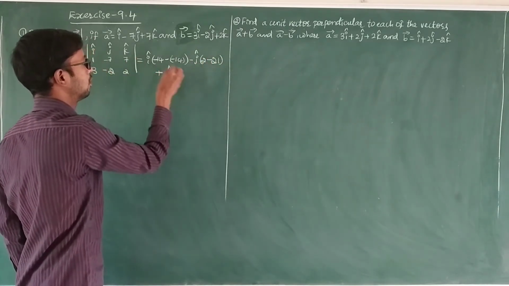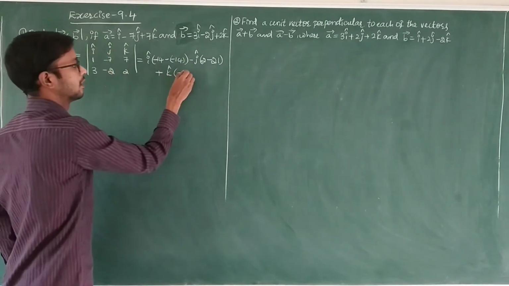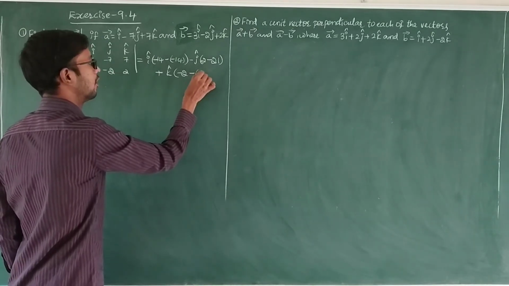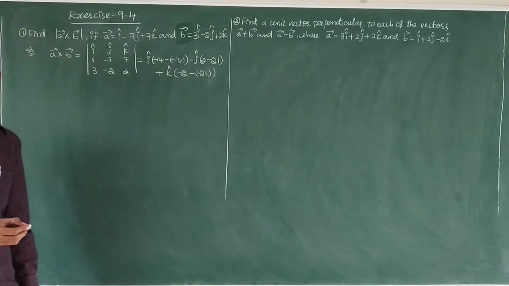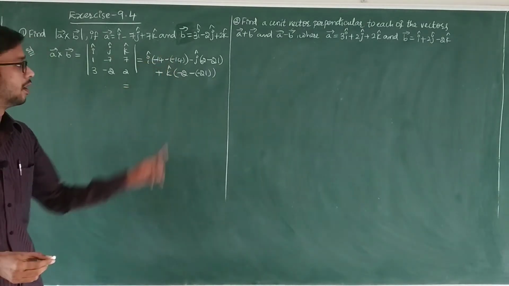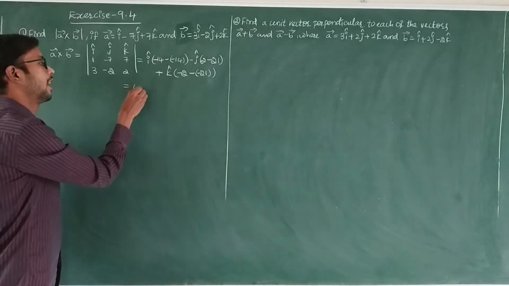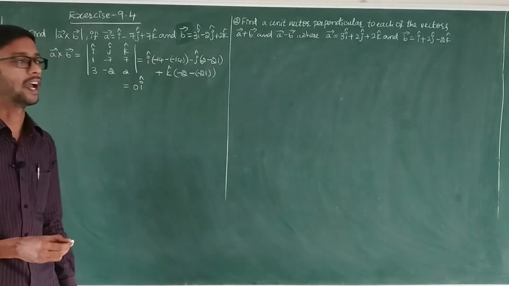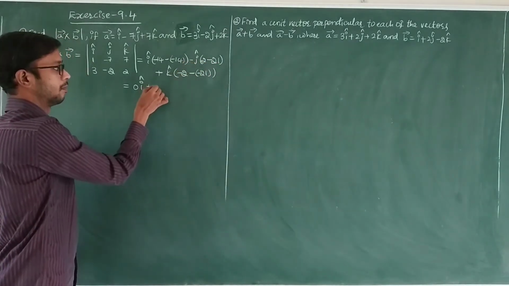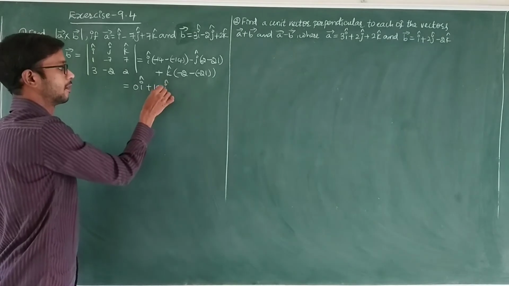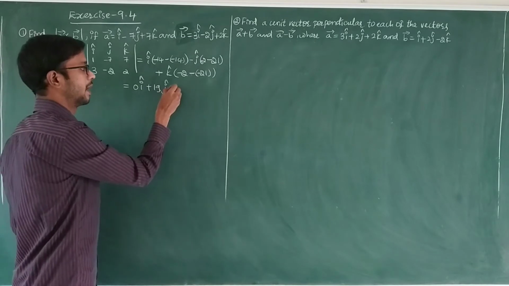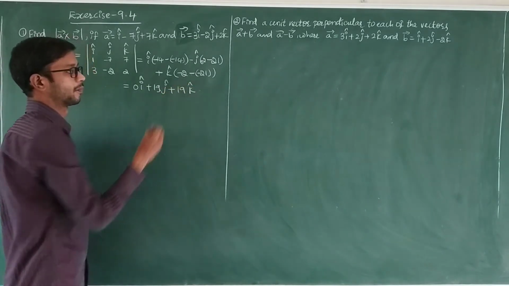Plus K cap into minus 2 minus 7 times 3 is 21, minus 21. So this value is 0 I cap, 14 minus 14 is 0 I cap, then plus 19 J cap, plus 19 K cap.